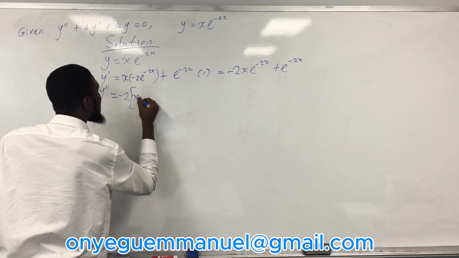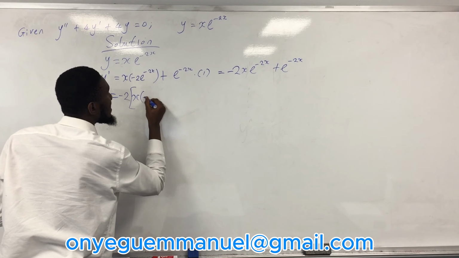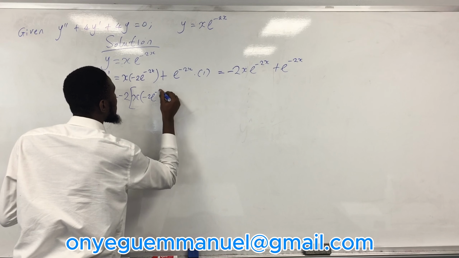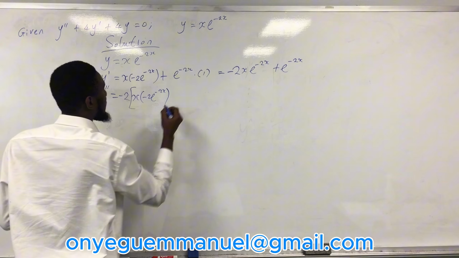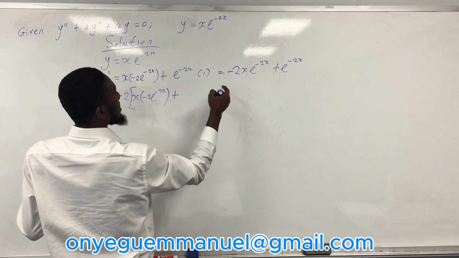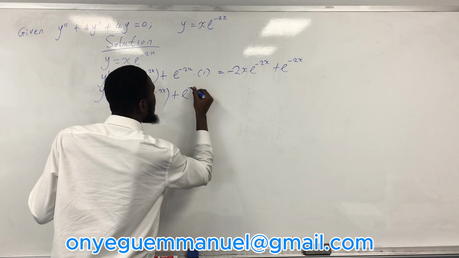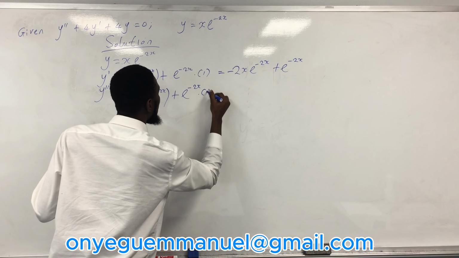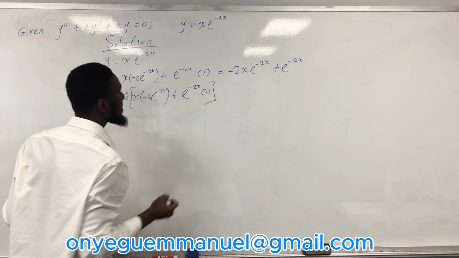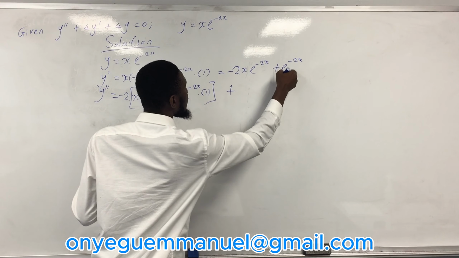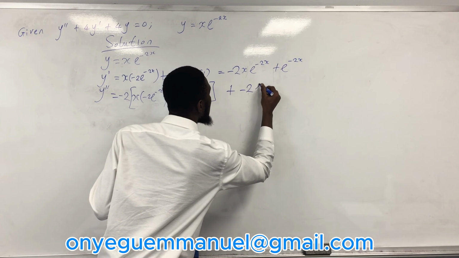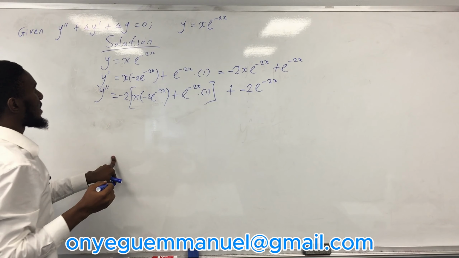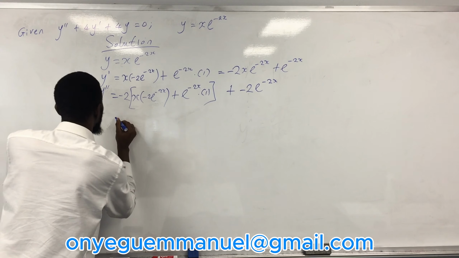If we keep x, differentiate what we have inside, we have minus 2 exponential minus 2x, plus you keep this minus 2x, differentiate x, you get 1. Plus you differentiate this, you have minus 2 exponential minus 2x. So we simplify further.